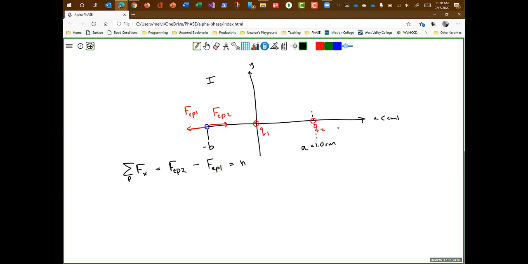This is equal to the mass of the proton times the proton's acceleration in the x direction. Since our proton has zero net force, there is zero acceleration. Because there is zero acceleration, these two forces must balance. We know that the Coulomb force on the proton from charge 2 must be equal to the Coulomb force on the proton from charge 1.